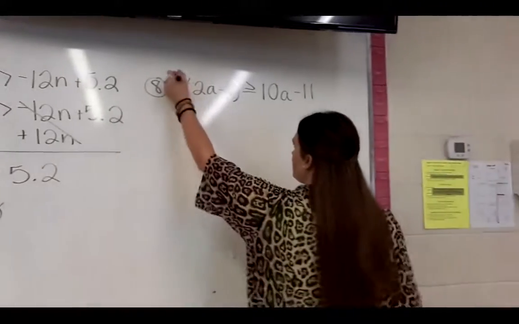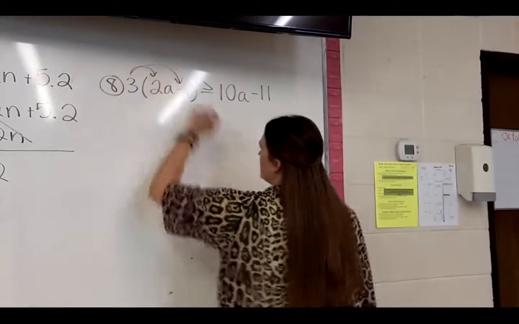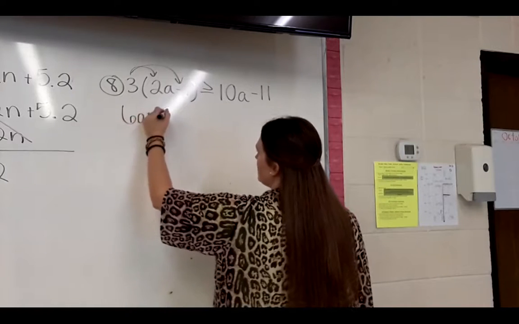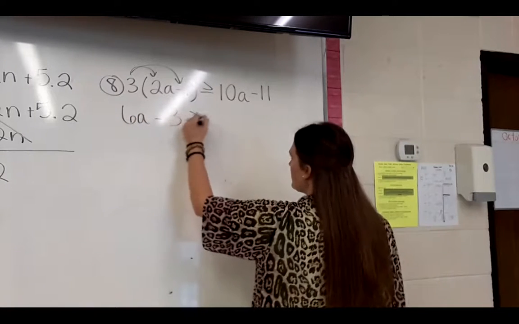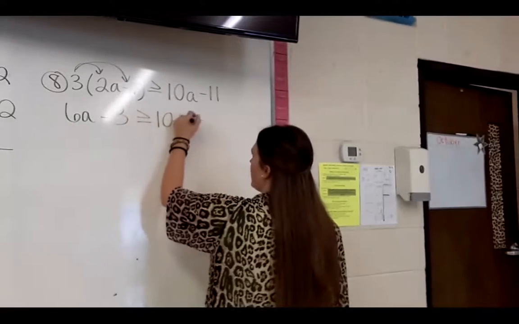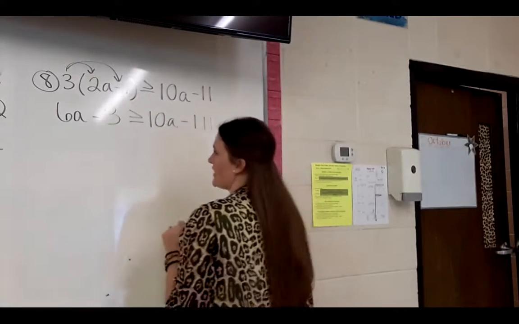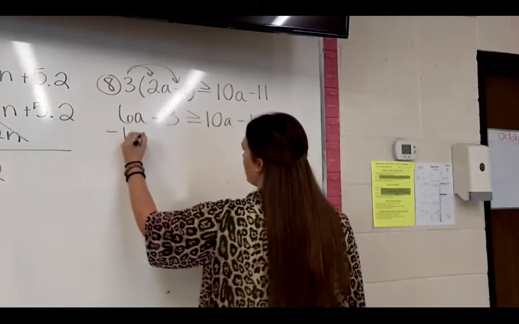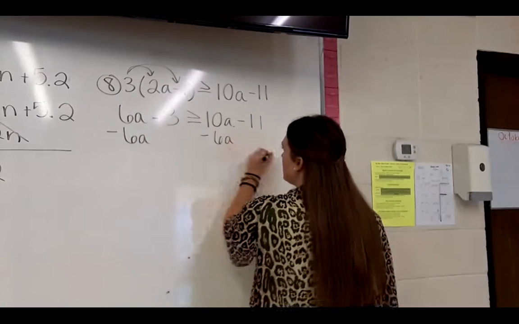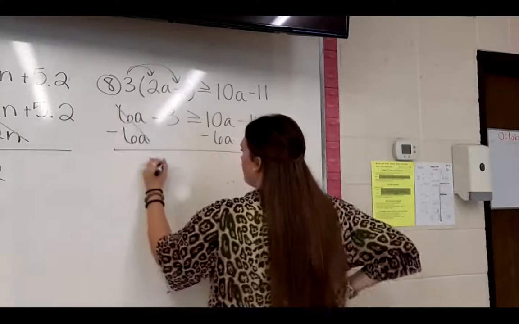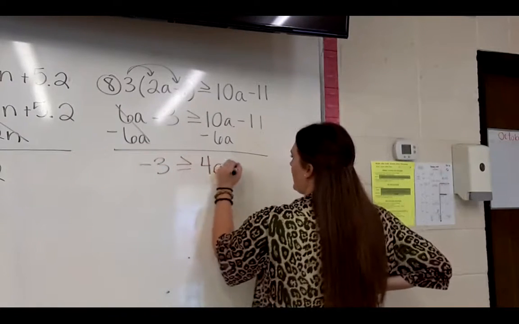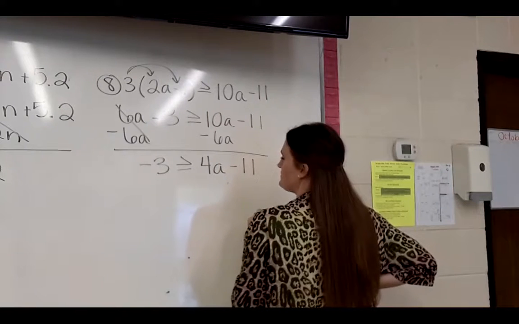Okay, number 8, I've got to distribute again. 3 times 2a is 6a, minus 3 times 1 is 3, greater than or equal to 10a minus 11. So we've got to get our a's together. It doesn't matter which one you move. I'm going to move the 6 this time just to make it a little easier on myself. I have negative 3. It's greater than or equal to 10a minus 6a is 4a minus 11.